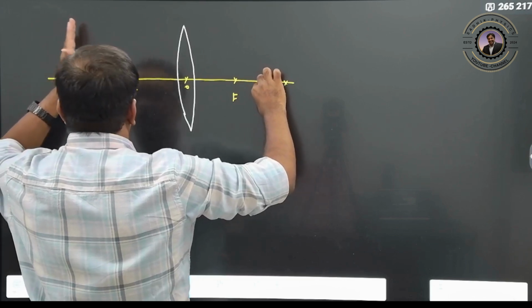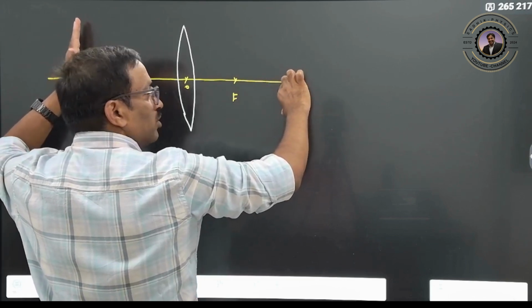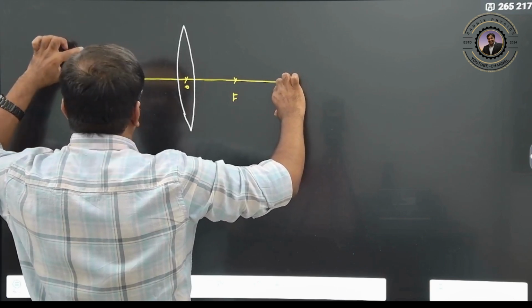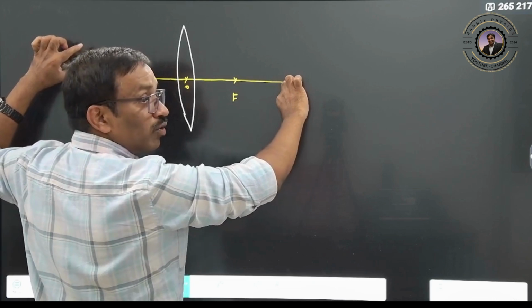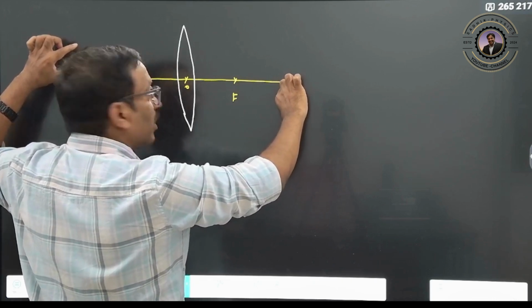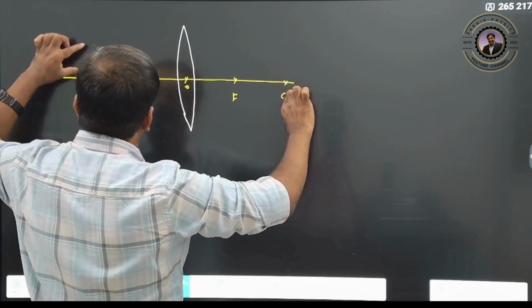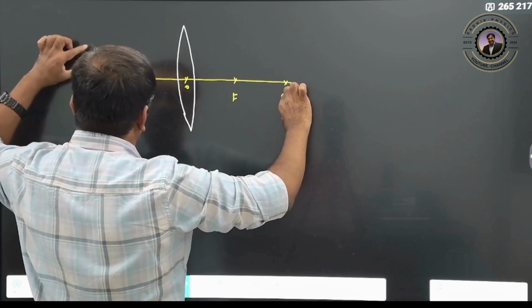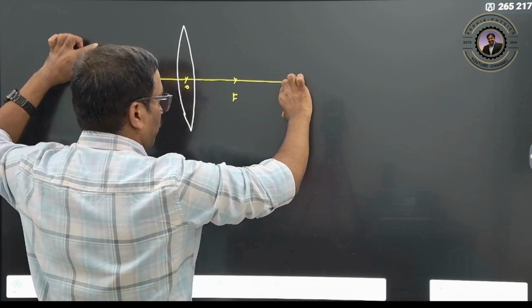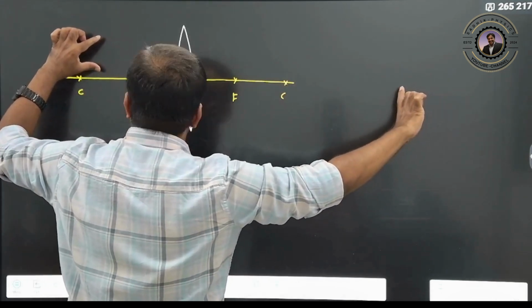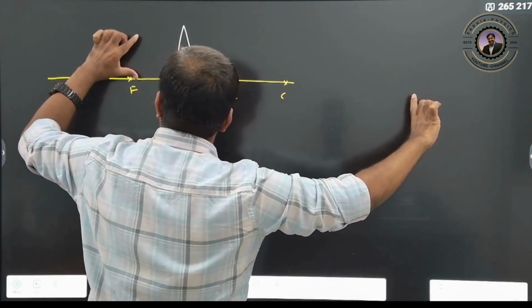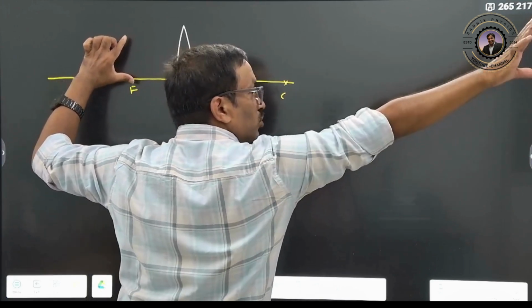But once the object comes to the center of curvature, the image also will come to the center of curvature. So object size and image size will both be the same. Here magnification will be 1 only. Now if the object goes from C to F, the image goes very far away and becomes larger and larger. Once the object comes to the focus, the image goes to infinity.